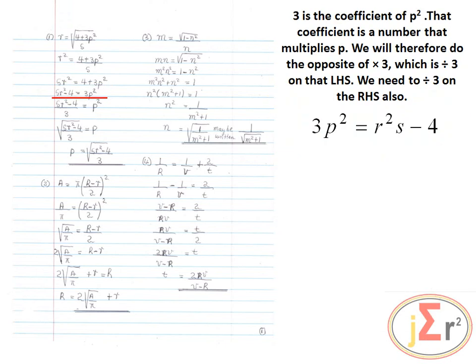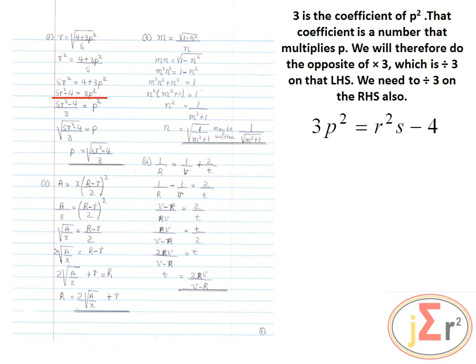3 is the coefficient of p squared, as we have it right here, and we are aiming at eliminating everything except that p, making p the subject of the formula. We have that coefficient of 3 accompanying p squared. That coefficient is a number that multiplies p. We will therefore do the opposite of multiplying by 3.